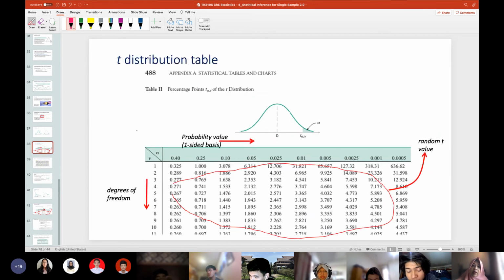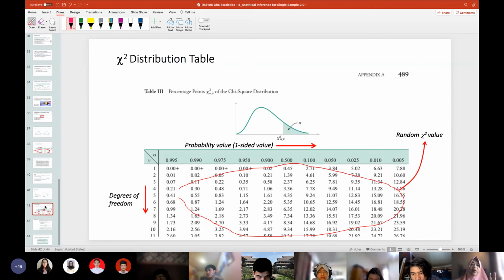So everyone, you have to remember for the exam, there is the Z distribution to get the mean for large samples. And there's also the T distribution for small samples, or with unknown population standard deviation, with the degrees of freedom. And the last one is the chi-square distribution table to find the hypothesis testing for the variance.